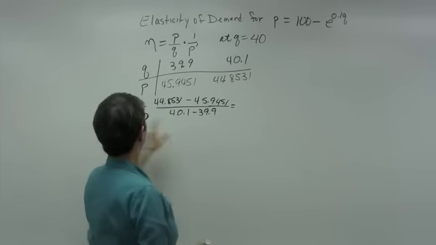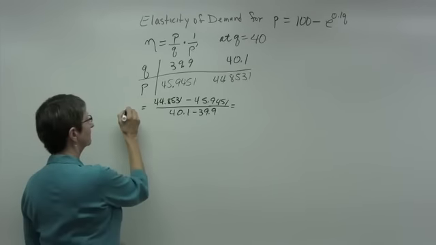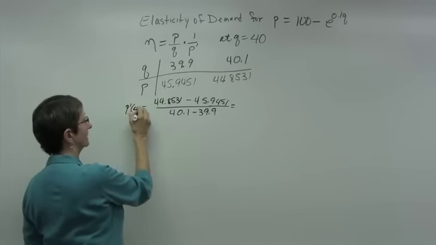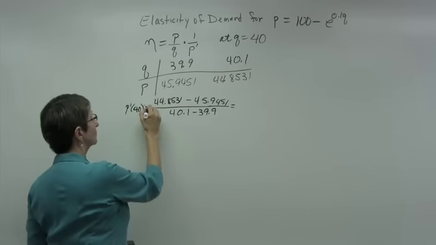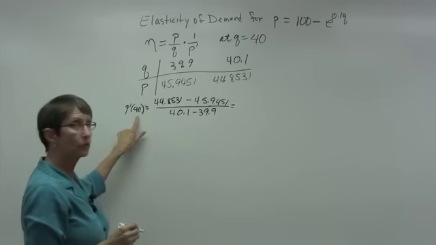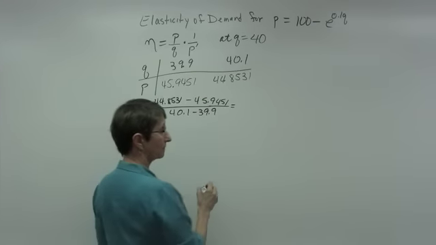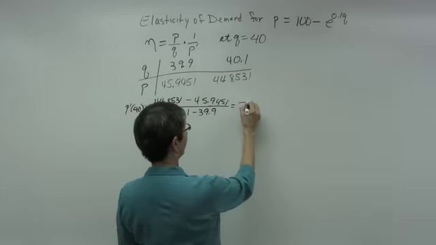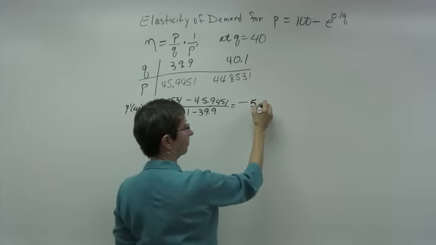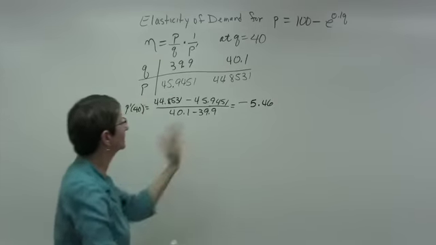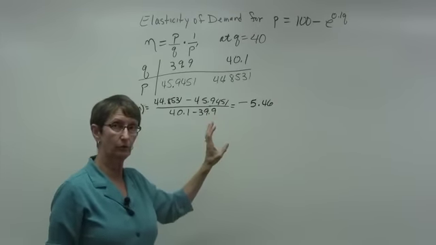And that will give me the derivative, and I should have written this a little bit differently, the derivative P prime at 40. Because remember that to find the derivative at 40, we pick points on either side. So this is the derivative at 40, and it turns out to be a negative, numerator smaller, 5.46. So I'll round that to 2 decimals. So this is what the derivative is equal to.